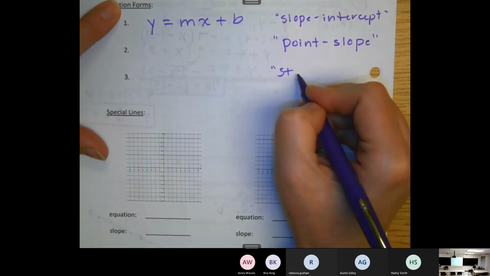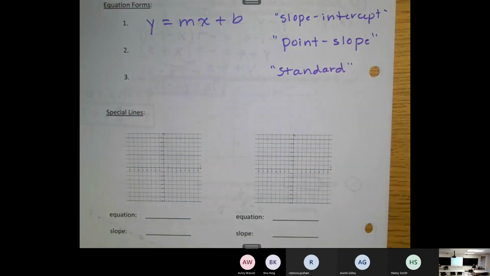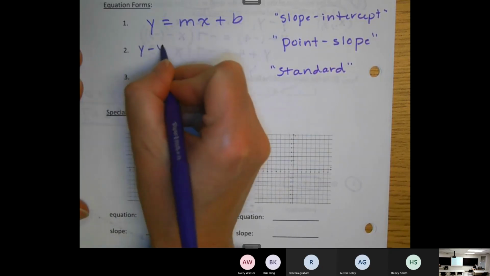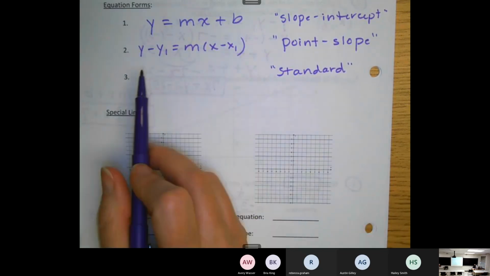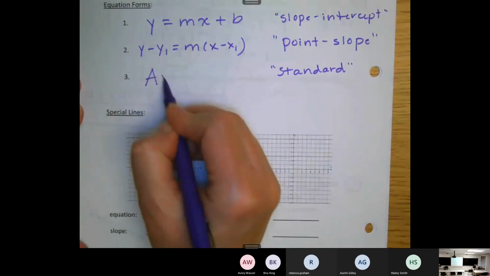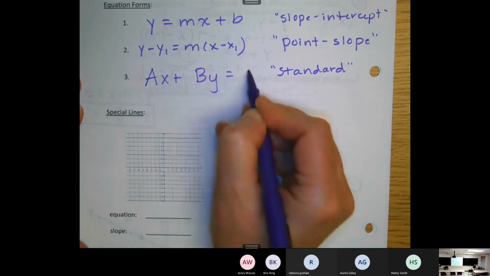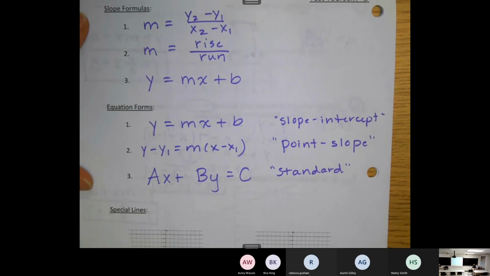There was another one called point slope, and a third one called standard form. Point slope is the one we used to write equations when we did not know b. And standard is how we wrote our answers when we found those equations. So all of those formulas help us out.